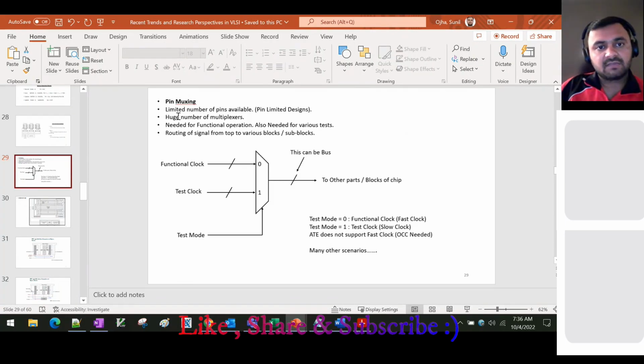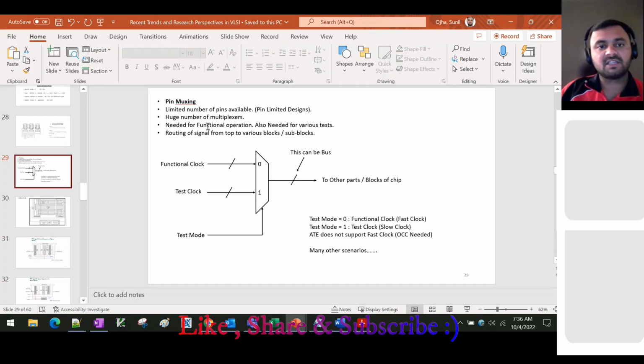As we know, we have a limited number of pins. There is no availability of multiple pins used for the test, because there are some analog pins, digital pins, and we have a limited design, so limited pins. Then we have to use pin muxing, the mux logic, to get the signals propagated towards our block, which is placed inside.